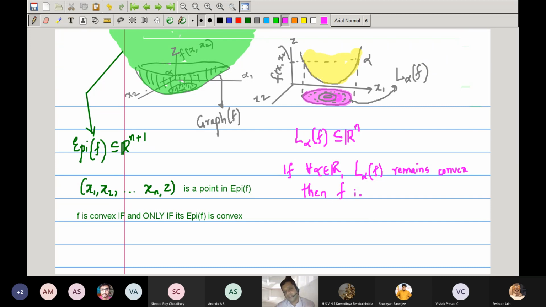Then f is called quasi-convex. That's our definition. But we proved that every convex function is quasi-convex. This is not if and only if. So every convex function is quasi-convex.